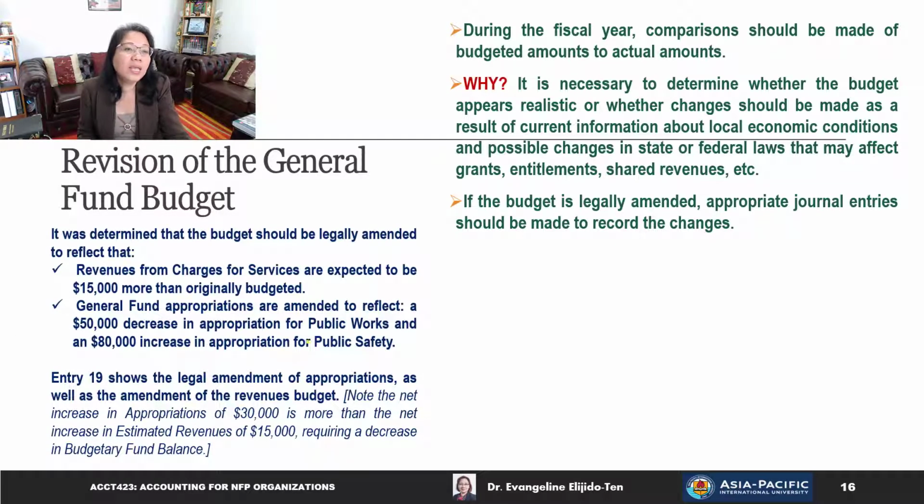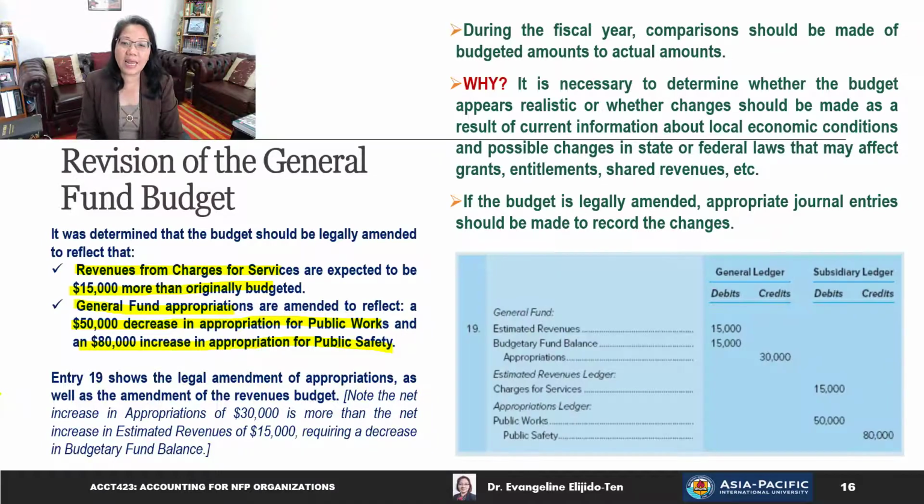All right, so let's suppose that it was determined that the budget would be legally amended to reflect revenues from charges for services to be 15,000 higher than originally budgeted. And in the general fund appropriations, we need to make amendments to reflect a 50,000 decrease in appropriation for public works and an 80,000 increase in appropriation for public safety.